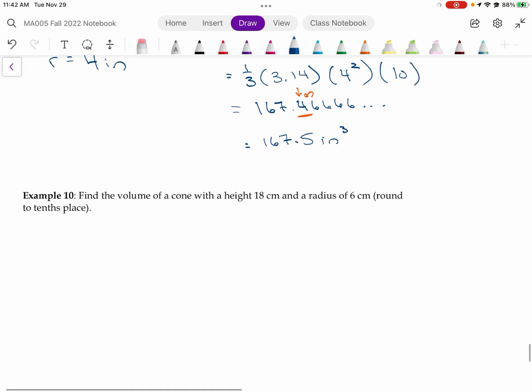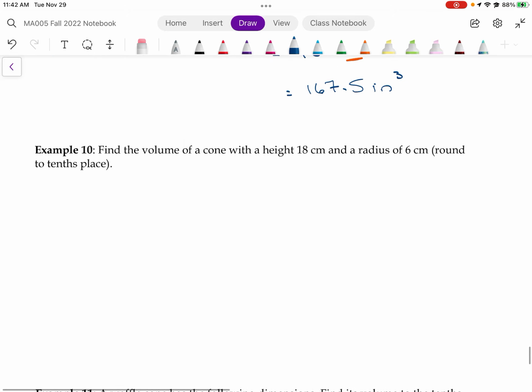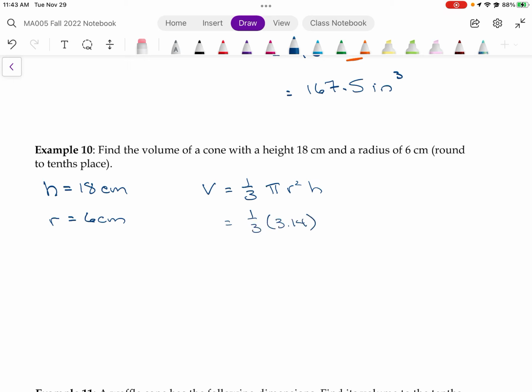Okay, 2 more. Find the volume of a cone with a height 18 and a radius of 6. So we're going to do h equals 18 centimeters, and the radius equals 6 centimeters. So the volume is 1/3 pi r squared h. So that is 1/3 times 3.14 times 6 squared times 18.